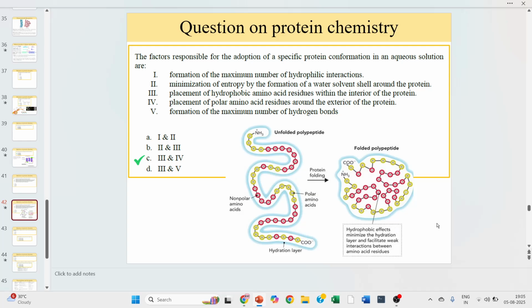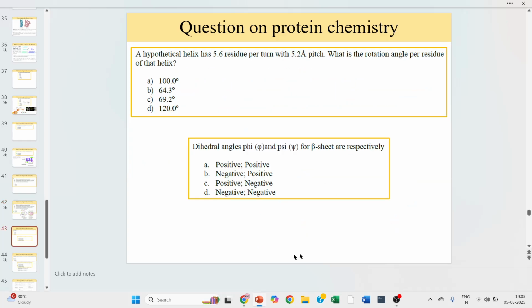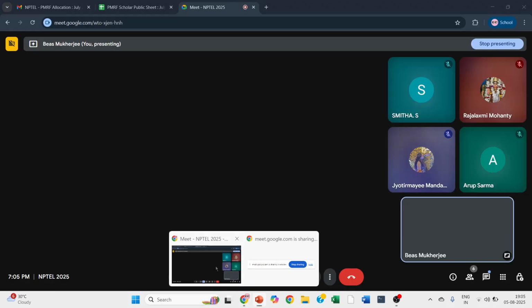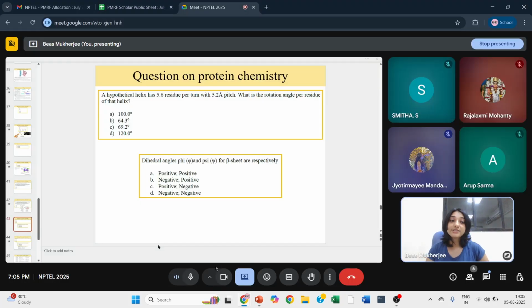Okay. Now we move on. Right. So now see, this is an interesting question, and these are the kind of questions that you can expect in the NPTEL exam and also in your other exams, all the competitive exams. So see, a hypothetical helix has 5.6 residues per turn with a 5.2 angstrom pitch. So what is pitch?